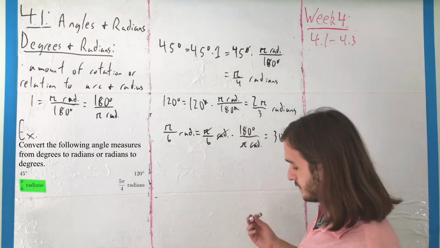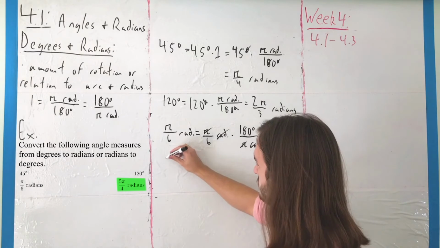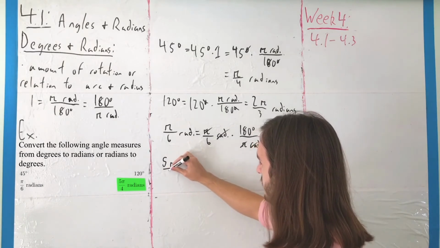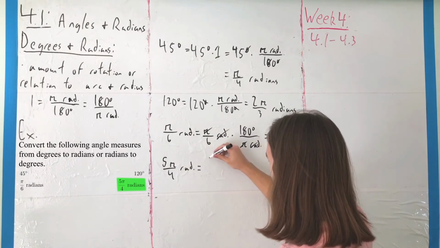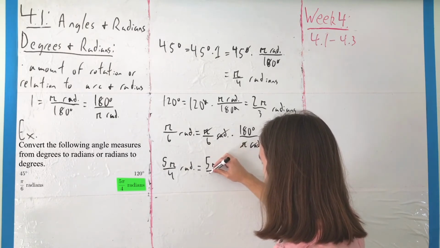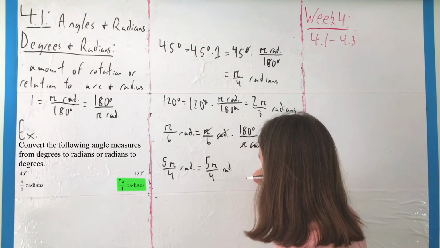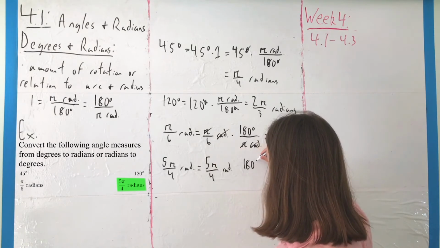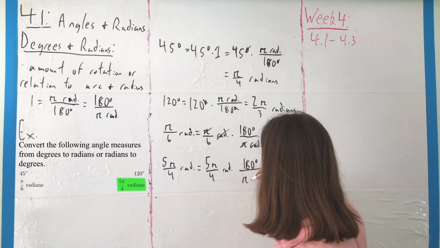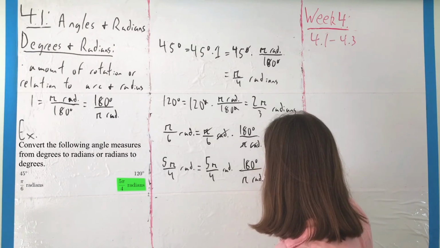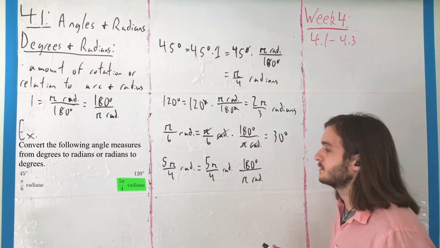And then, for our last case, we have 5 pi over 4 radians. Well, multiply by 1 again. We still have 5 pi over 4 radians, but now we're going to try and kill both the radians and the pi, which sounds very dramatic, but sometimes math is very dramatic.